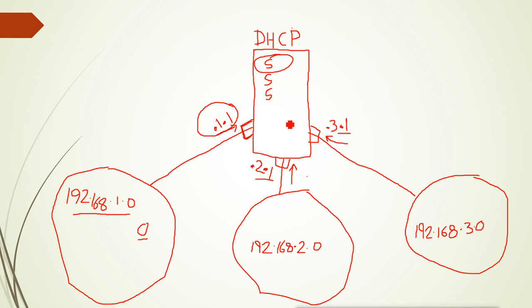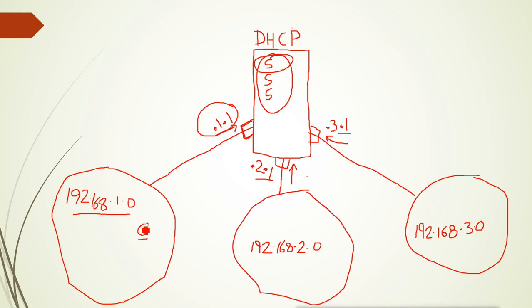Now to manage those different scopes, what can we do? We can configure a super scope by combining those multiple scopes. If we have multiple different scopes created, we can manage them easily by creating super scopes.